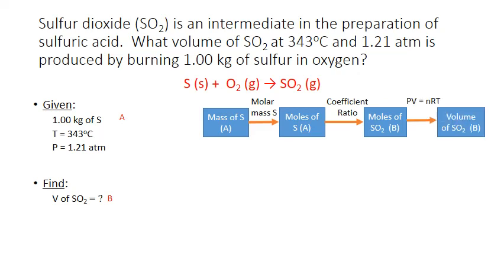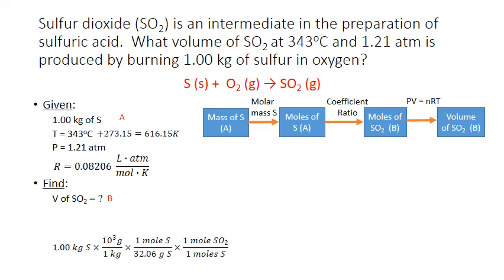And finally, we calculate the volume of sulfur dioxide using the ideal gas law. So because we're using the ideal gas law, our units have to be in the appropriate form. So degrees Celsius has to be converted to Kelvin. And we need to also include the ideal gas constant, our 0.08206 liters times atmospheres divided by moles divided by Kelvin.